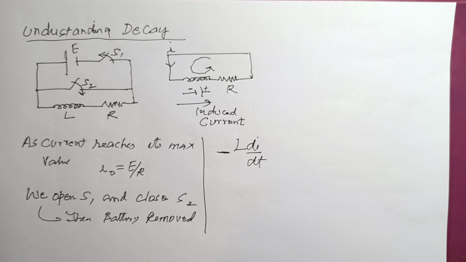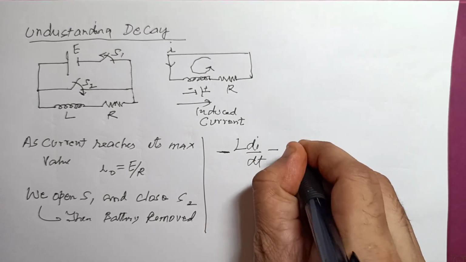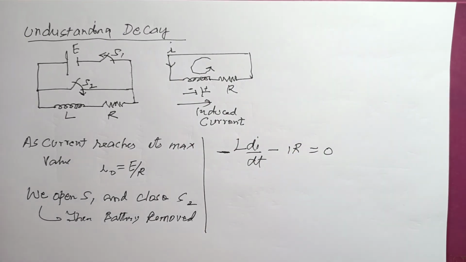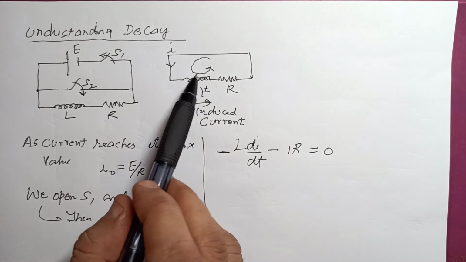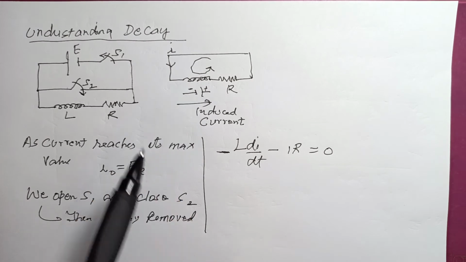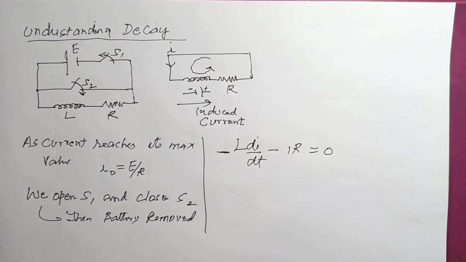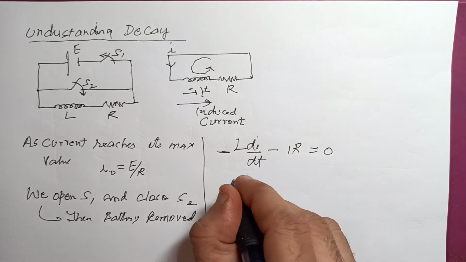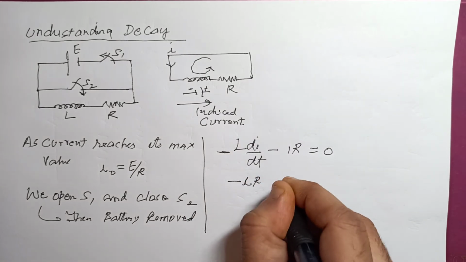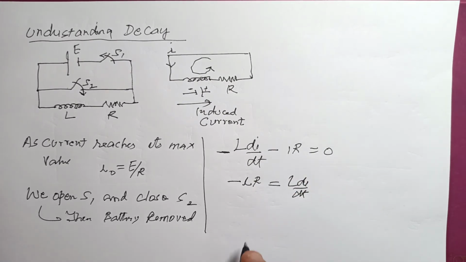So minus L di by dt minus IR will be equal to 0 as per Kirchhoff's law, right? Now Kirchhoff's law says if the direction of the current is from negative to positive, it will be minus. Or I can say minus IR is equal to L di by dt.